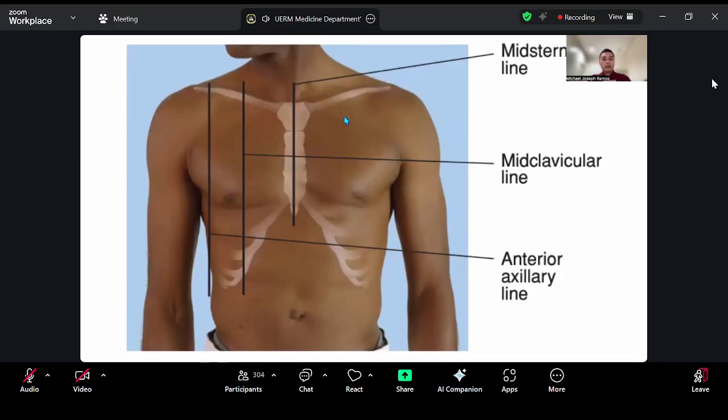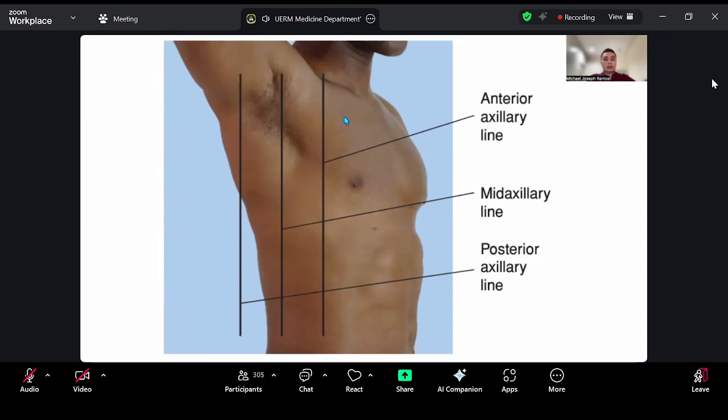We also use our imaginary vertical lines to guide us in our localization of our physical exam findings. Anteriorly, we have the mid-sternal line, which just runs along the sternum, the mid-clavicular line, which drops from the midpoint of the clavicle, and your anterior axillary line, which drops near the lateral end of your clavicle or the anterior axillary fold.